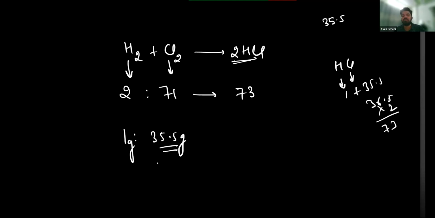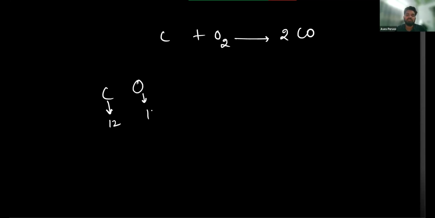In case of HCl. What's the ratio in case of carbon monoxide? Carbon and oxygen atoms react together to give 2CO. The mass of carbon is 12 and that of oxygen is 16. So what is the simplest ratio? 3:4.